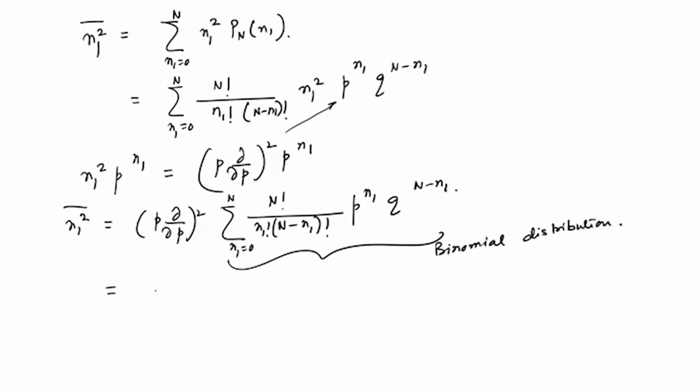And hence, this is equal to (p del/del p) squared of (p plus q) whole to the power n, and if you do the simplification, it is n1 bar square plus n p q.